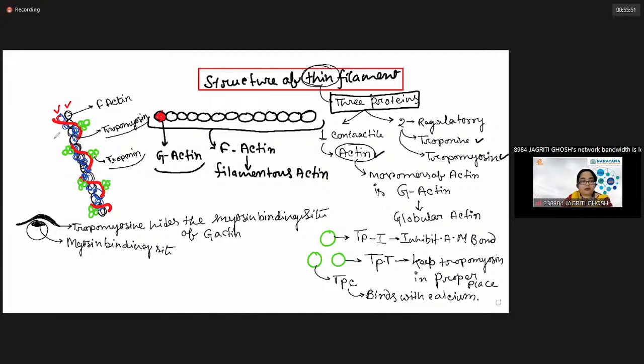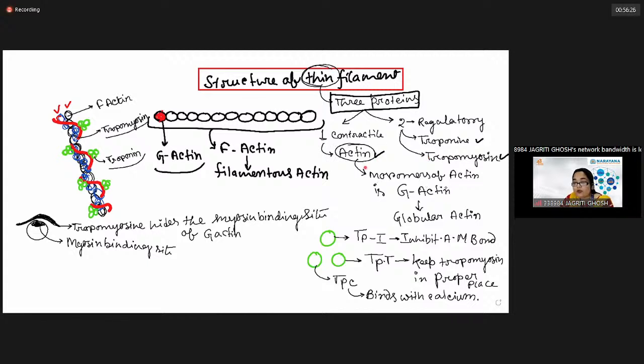Just a quick recapitulation. Structure of myosin you understood. The thin filament is made up of 3 proteins: 1 contraction protein, which is actin, and 2 regulatory proteins, troponin and tropomyosin. Actin is also a polymer.